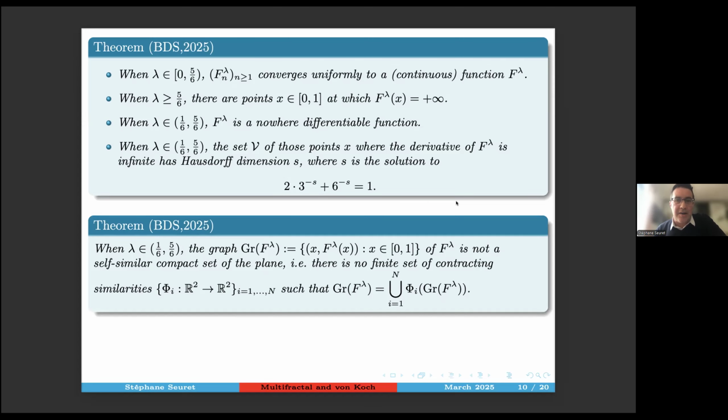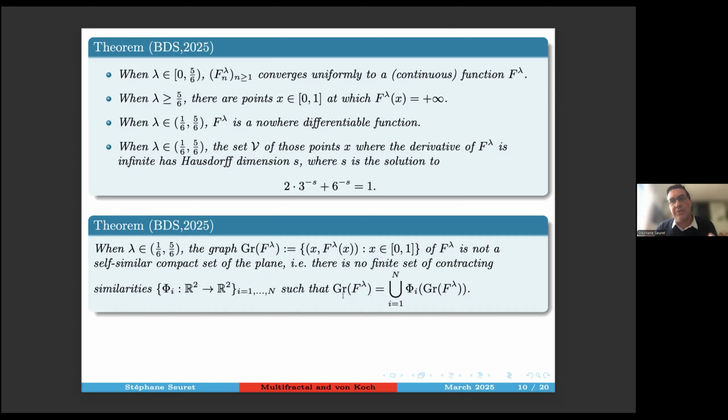which is that this graph is not self-similar. Right? The graph of the function cannot be written as a compact self-similar set. It cannot be written as a finite union of similar copies of itself.